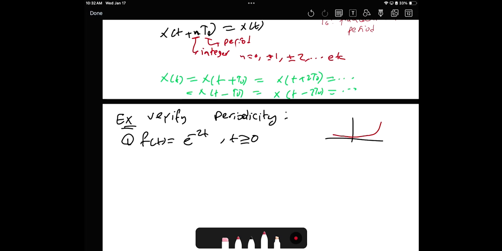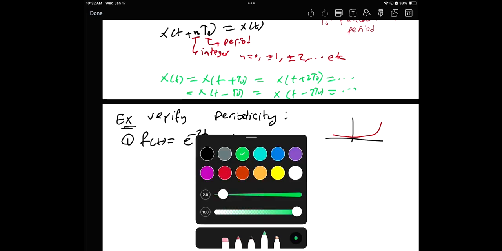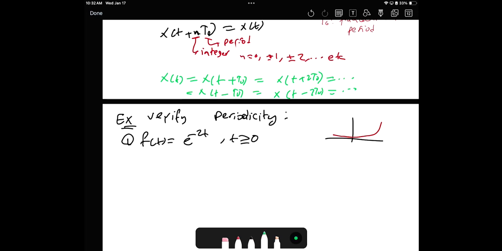How can we prove this using math? In periodic signals, we check: is f of t equal to f of t plus nT? So let's substitute.